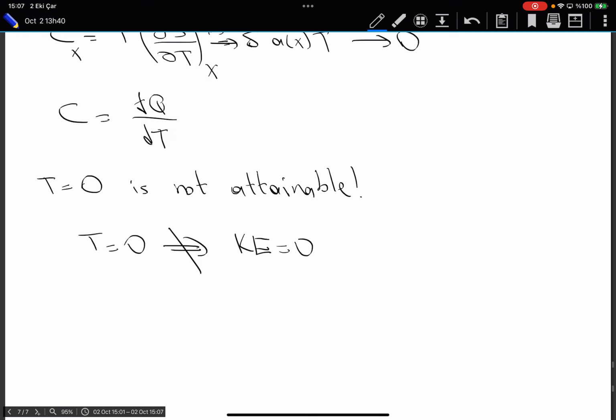But if you could put all your harmonic oscillators in a macroscopic system in the ground state, even if they have kinetic energy and potential energy, they have zero point energy, their entropy would be 0. But you cannot create such a physical system, because it will take you infinitely long to extract all the excitation energy.